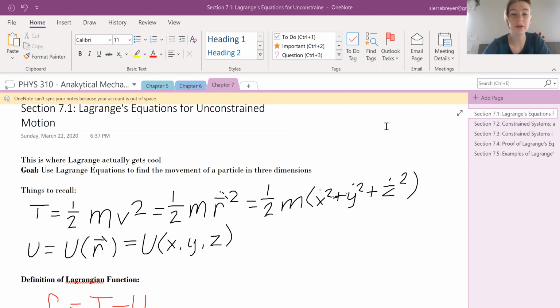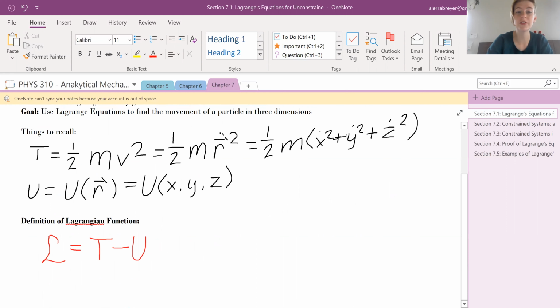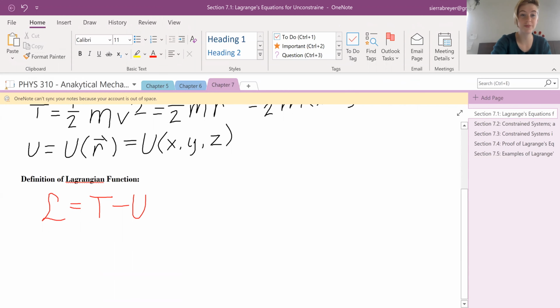So then the book gives us a definition for the Lagrange function, and that's basically the script L equals, so that's the Lagrangian, equals the total kinetic energy minus the total potential energy.